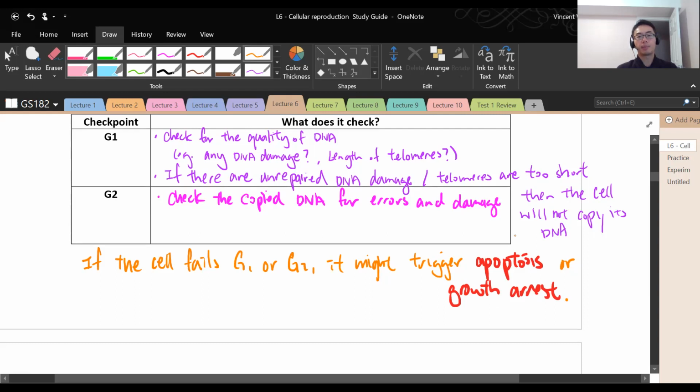Okay, so that cell is not going to be allowed to divide anymore. We also call that senescence. Sometimes they're called zombie cells. They're just there in the body. They're no longer going to be able to duplicate, but they're not really dead either. And the buildup of senescent cells is part of the reason why we age, why we get old.